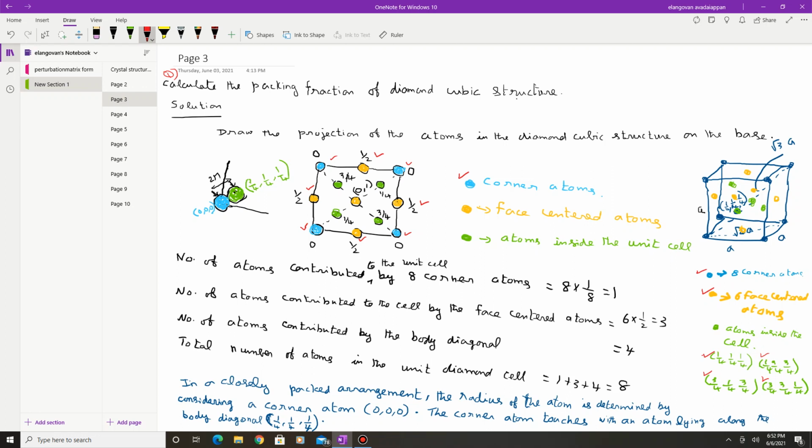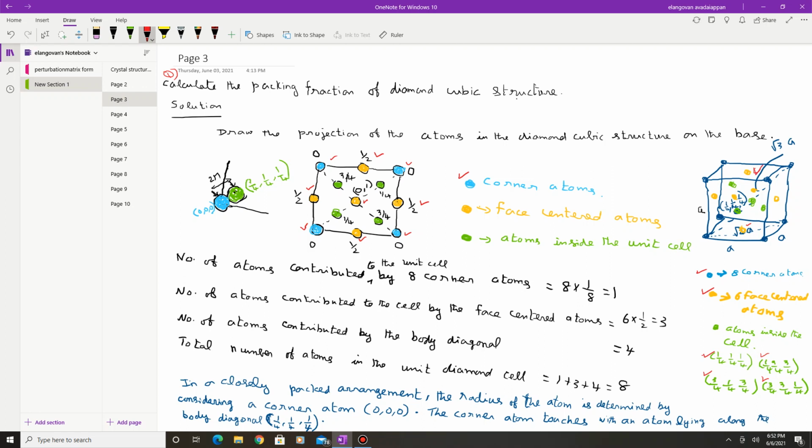Here there are 2 atoms, 0 and 1. One corresponds to the base, and this number 1 corresponds to the atom at the top surface here. So if you project downwards, this is 0 and this corresponds to 1.